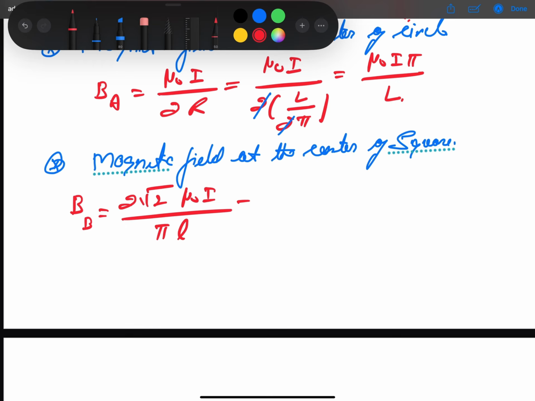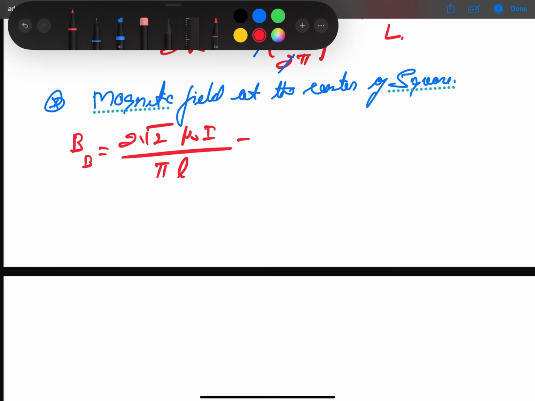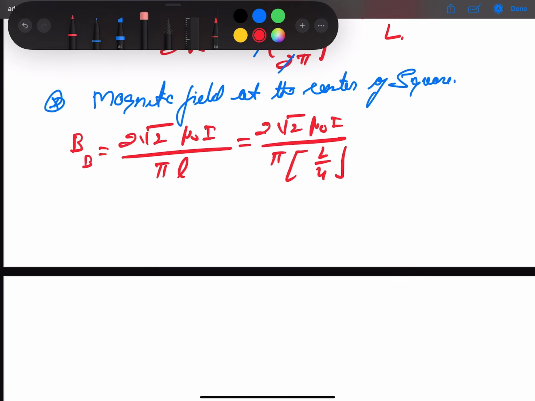We get 2 square root 2 mu naught I upon pi, and this becomes L upon 4, and this gives us 8 square root 2 mu naught I upon pi L.